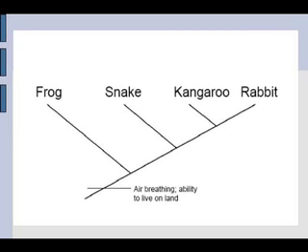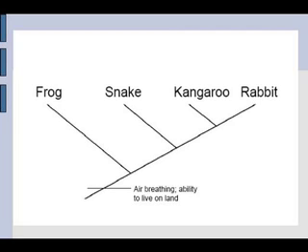So the characteristics of air-breathing and the ability to live on land are the shared derived characteristics of frogs, snakes, kangaroos, and rabbits. Now remember, as stated earlier in our lecture, shared derived characteristics are characteristics that 2 or more kinds of organisms share with their most recent common ancestor.